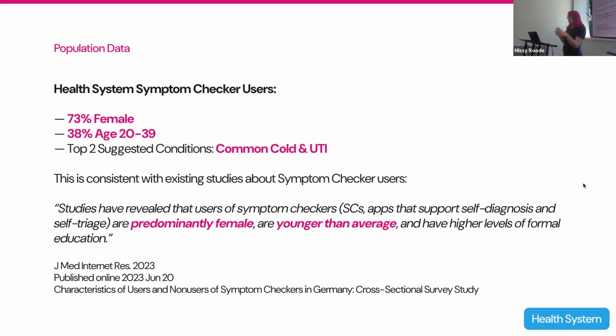This is how you benchmark your own quantitative data and know whether it is typical or unusual, and whether you need to understand why yours is different. In this case, the study was also predominantly female and younger than average, so it's definitely consistent.